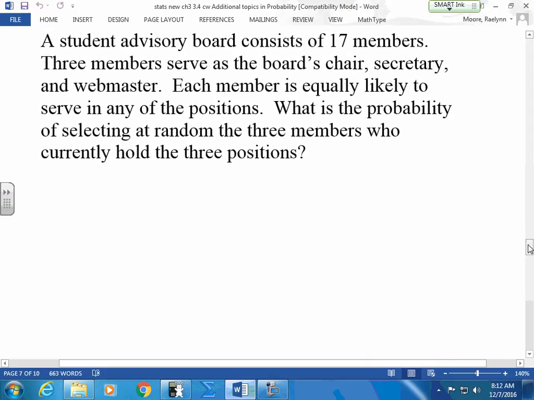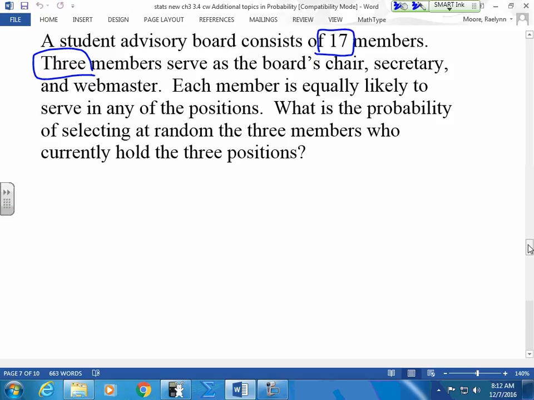A student advisory board consists of 17 members. This is important. This is a number we need. 3 members, and sometimes you've got to find those numbers, serve as the board's chair, the board's secretary, and the board's webmaster. Each member is equally likely to serve in any of the positions.